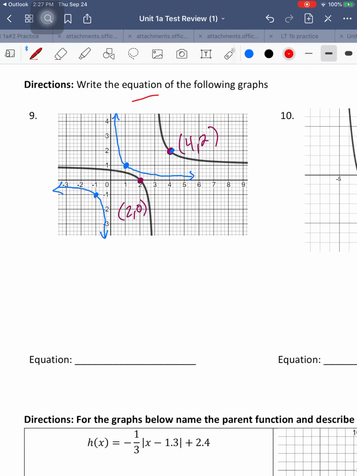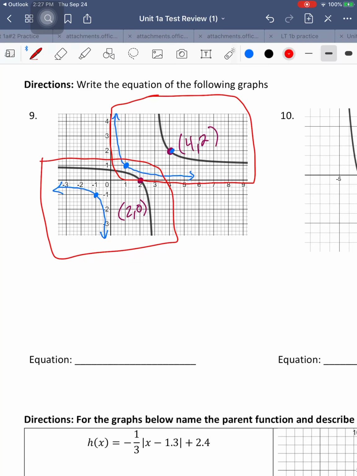What I would do is concentrate on the top 2, the black and the blue, or the bottom 2. I would not look at both of them at the same time. If one transformation happens to one part of the graph, the other part automatically comes with it. So they're not separate. You only have to really look at one part of the graph.